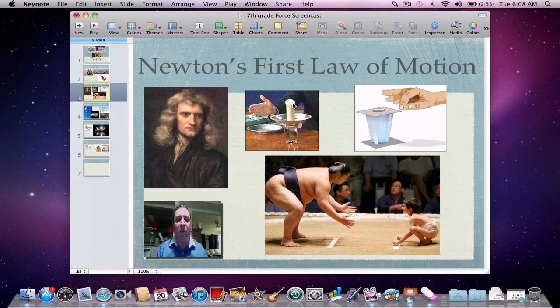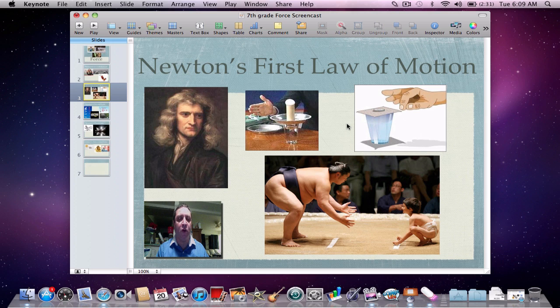So in Newton's first law, an object stays at rest unless an outside force moves it. It's at rest here until gravity moves it down. Same with this. It's at rest until you flick that card and the coin falls in the glass. We did examples of that. The word for this is inertia.